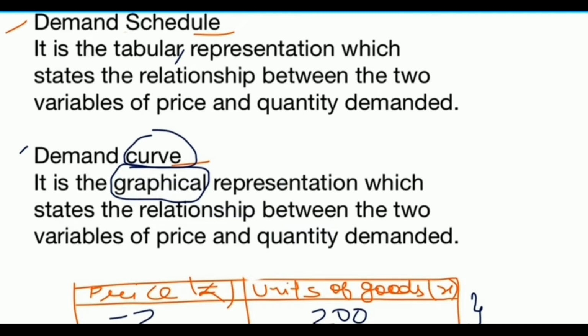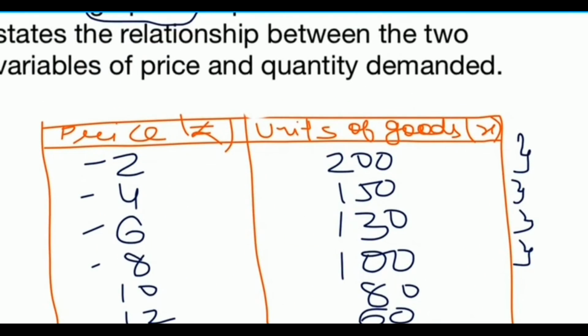Let us take an example and understand it. On the basis of the demand schedule, we can draw the demand curve of the consumer also. We will just take the same data from the demand schedule.